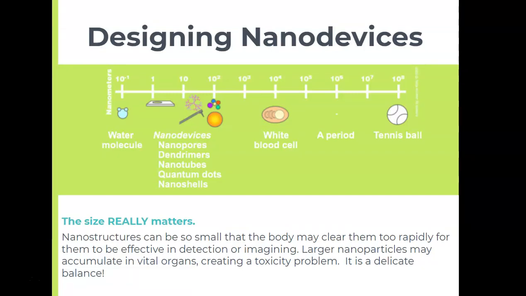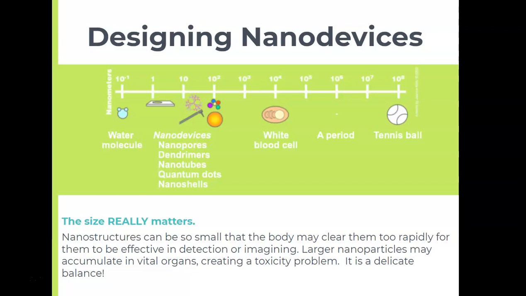Another thing to think about in terms of nano devices, the body can probably clear them rapidly. Because they are so small, your body can kind of get rid of them quickly. And if the goal is to detect something or image something, then that might be a problem. Another perhaps unintended consequence might be that they clog up inside of cells of vital organs.